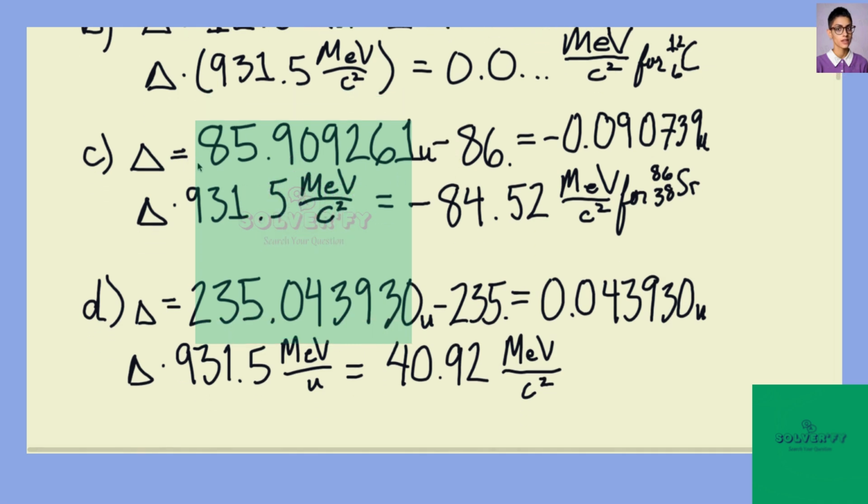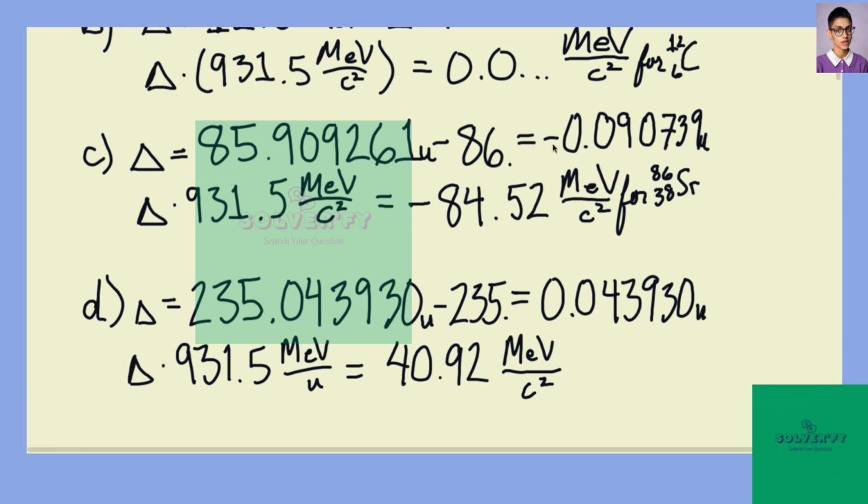Next, we're looking for the mass excess for, I believe it's called strontium. Let me look it up here. Yeah, strontium. That was close. Same procedure. 85.909261 is its mass in atomic mass units. We're subtracting 86, assuming that it also has atomic mass units.